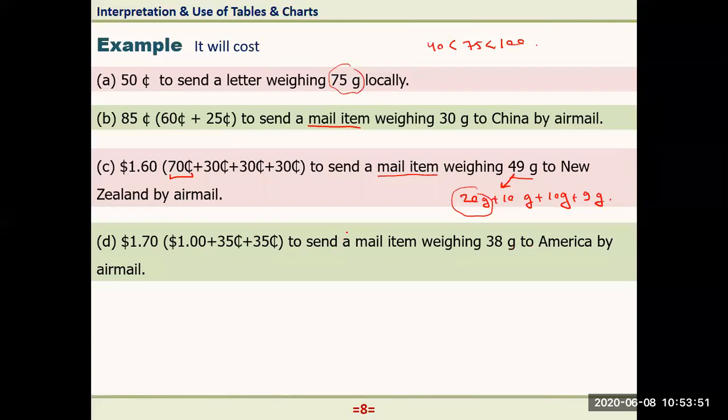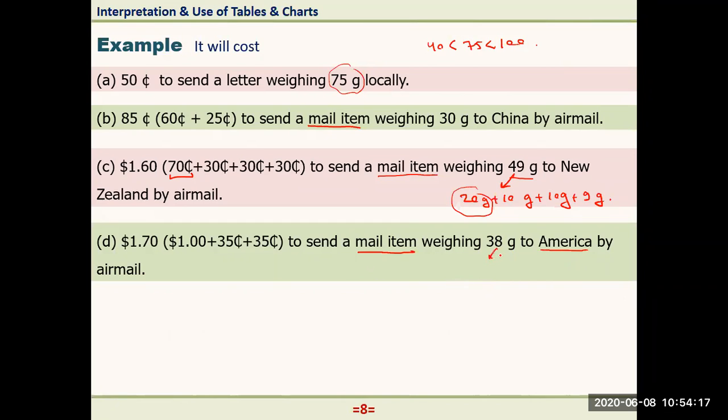Another one is a mail item. We want to send it from Singapore to America, USA, or any country there, by air mail. Okay? America, where is it? It is in zone 4, right? Countries in Africa, North and South America, including Hawaii, Europe, and the Middle East. That's the last row in our table. It says the first 20 grams, 100.